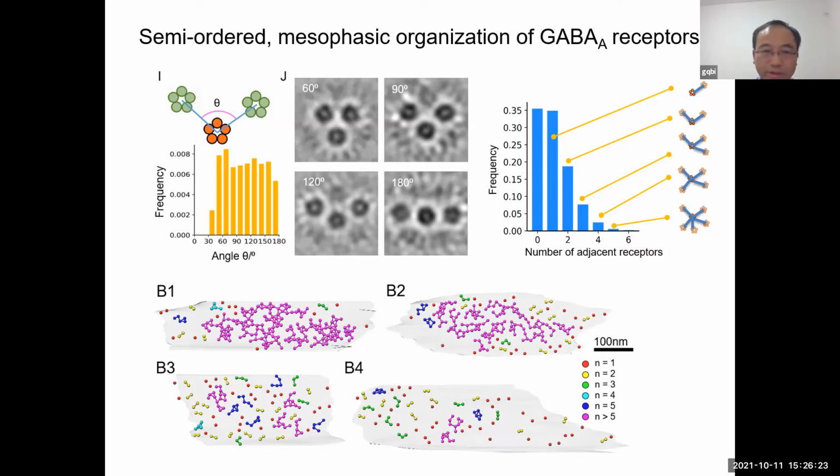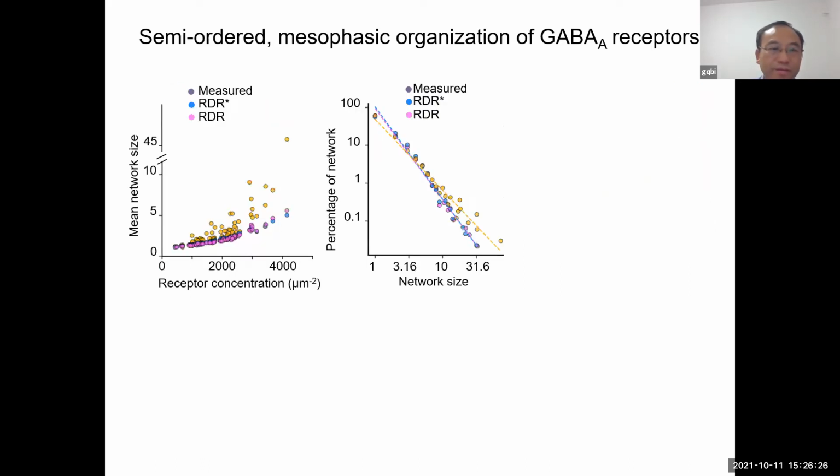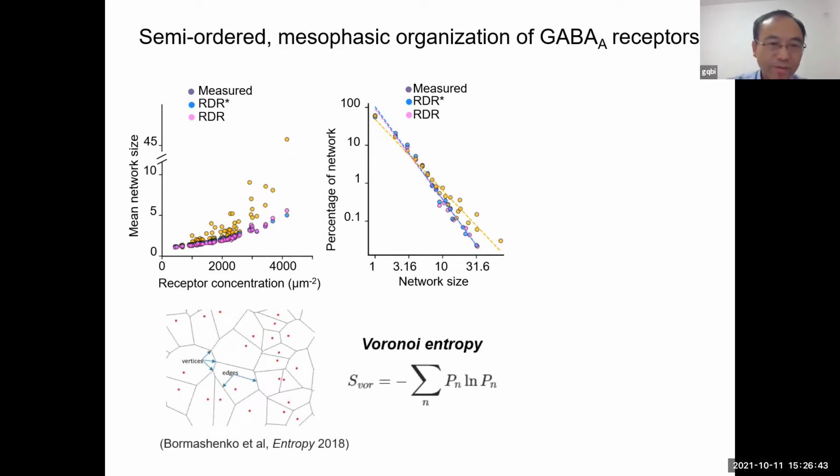The interesting thing is that the size of this network seems to follow a power law distribution, so you tend to have more large networks than random. That means this organization is driven by some self-organizing process. Yuntao also did some entropy analysis, the Voronoi entropy. If you know this graph, it's a very simple way to assess the orderliness in a two-dimensional structure.